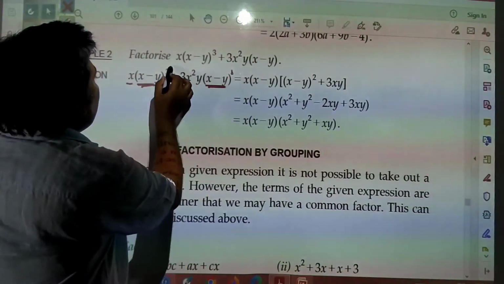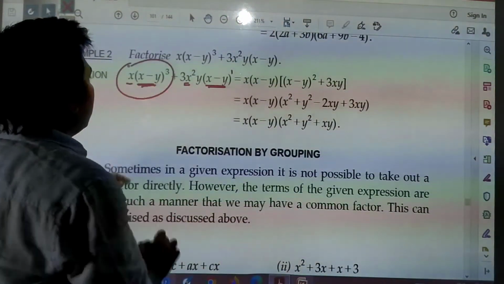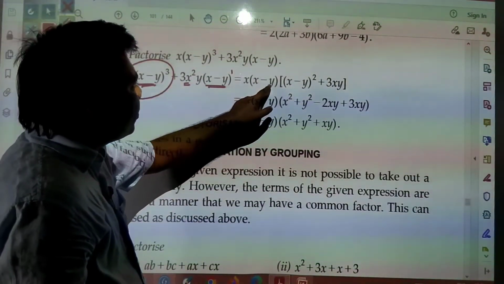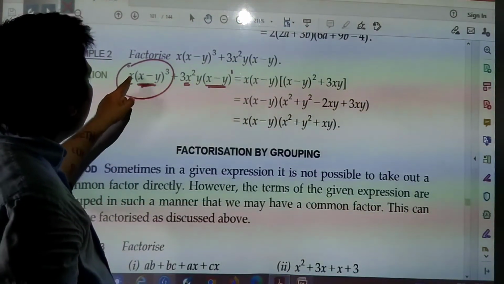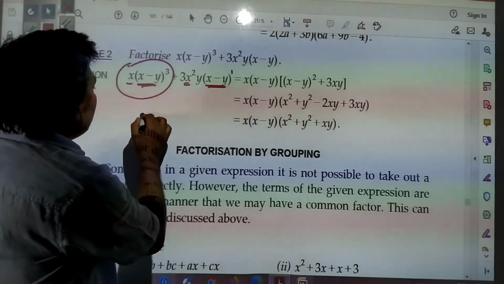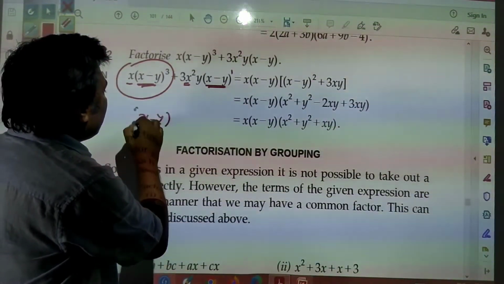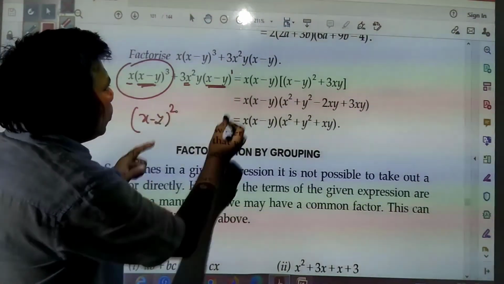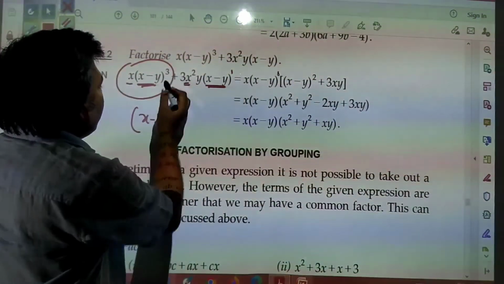Now in this term, x into x minus y you have taken out common, so you will be left with x minus y square. This 2 and this 1 will become 3 if you multiply.